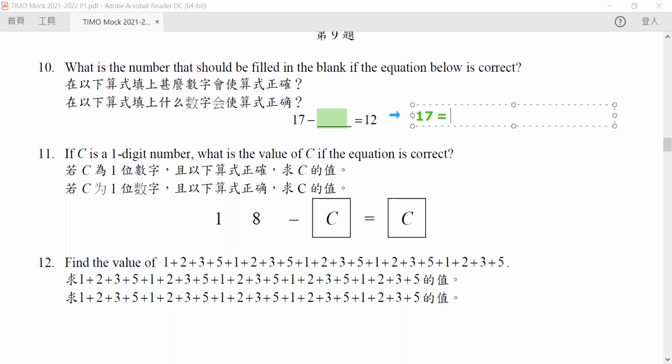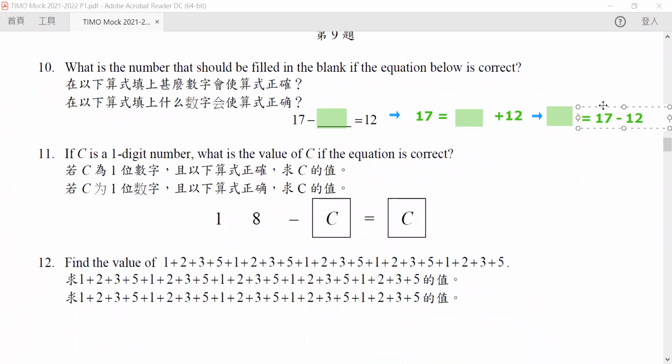Our 17 is equals to our number plus 12. Or in other words, this number that we want is exactly equals to 17 minus 12.